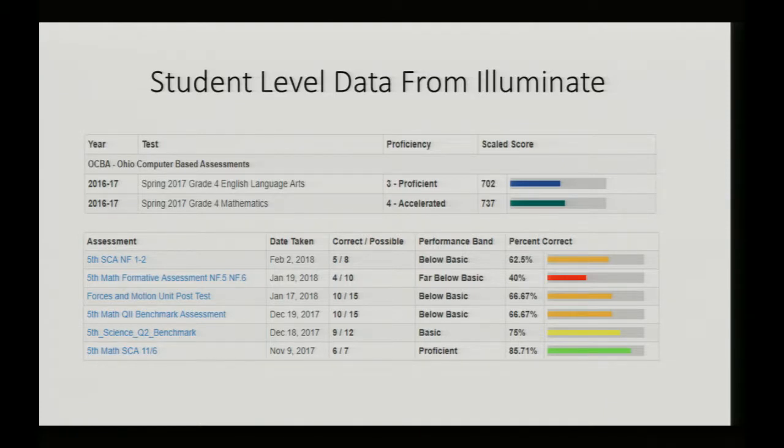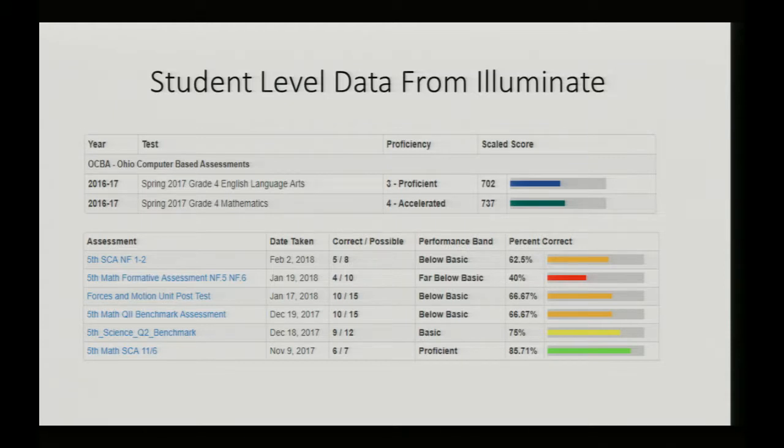I should have included that legend in there for you. It is based off of the OST, so it would be advanced, accelerated, proficient, basic, and limited. Those would be the 5 categories. So the red would be limited. Orange would be basic.